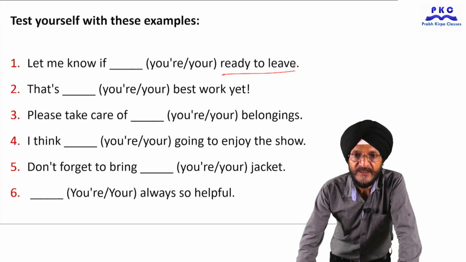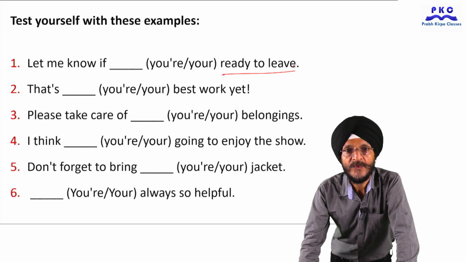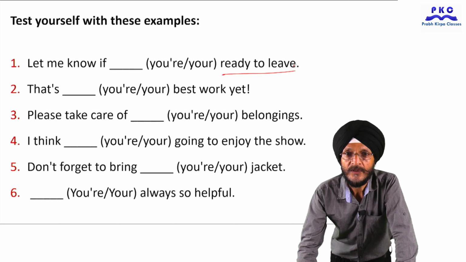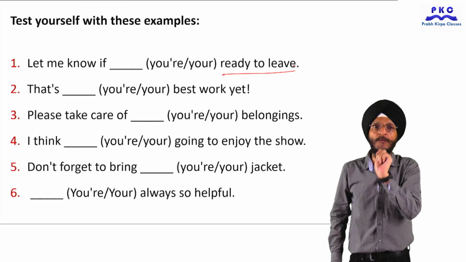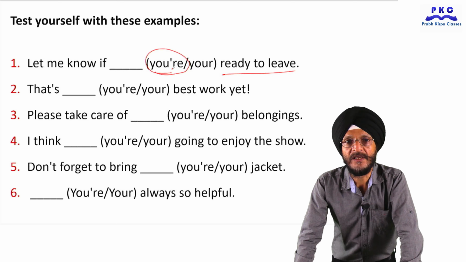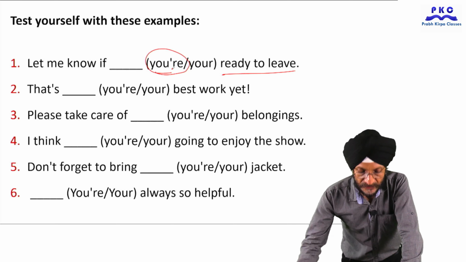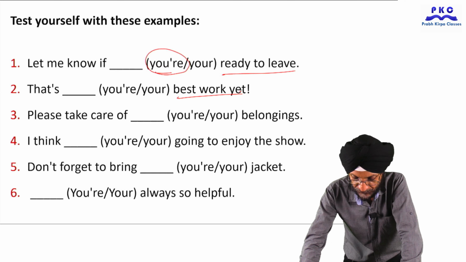Let me know if dash ready to leave. Whether there is anything which belongs to you? No, there is nothing, no item which shows ownership or possession. So here, let me know if you're ready to leave. That is dash best work yet.